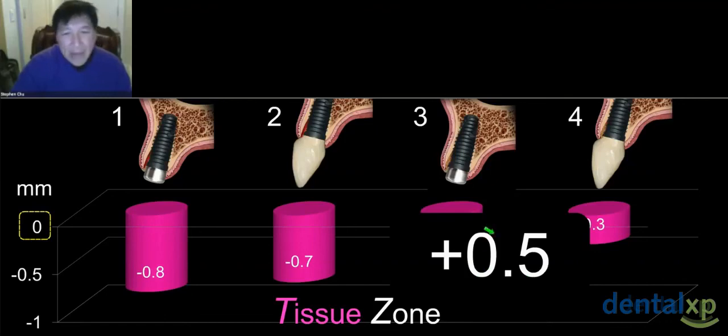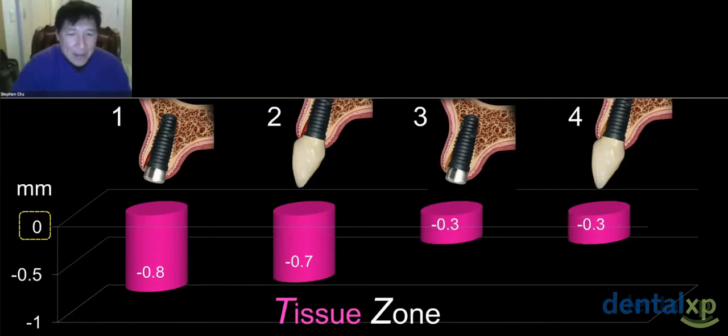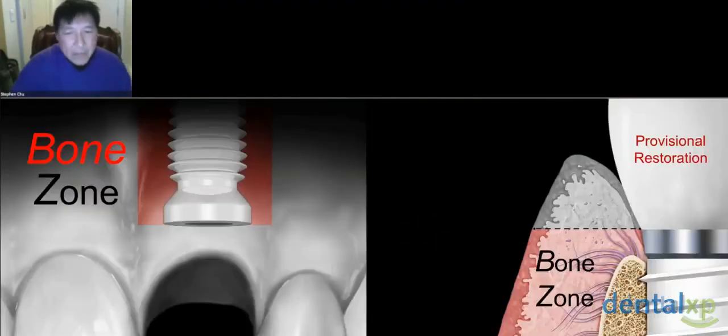So a gain of a half a millimeter, or a half a millimeter less collapse, is a pretty big deal. Putting a bone graft in, whether or not you put the provisional, seems to make a huge difference, at least in the tissue zone. That's roughly how you would look at it.